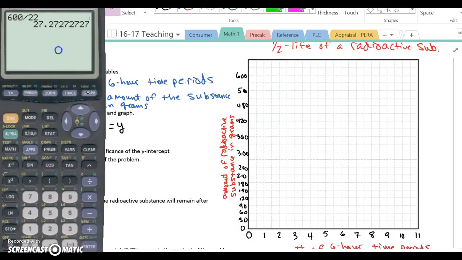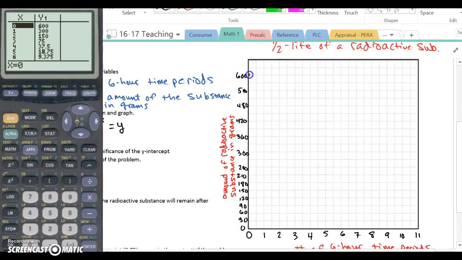Now you come back to your table and let's start plotting some of these points. So I have 0, 600, 1, 300. You can notice how quickly it's declining, especially once you get your graph scaled like this. After that second point, it's already on the lower half of the graph.